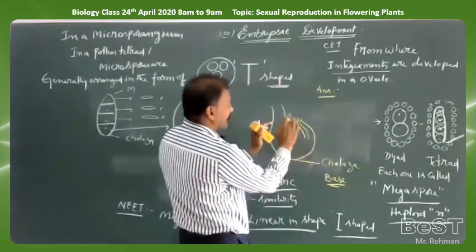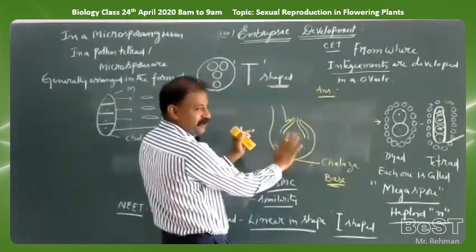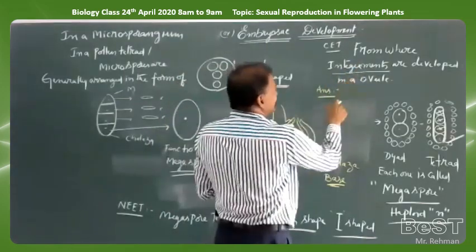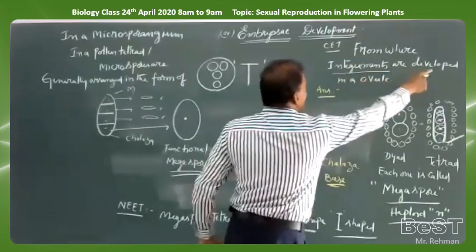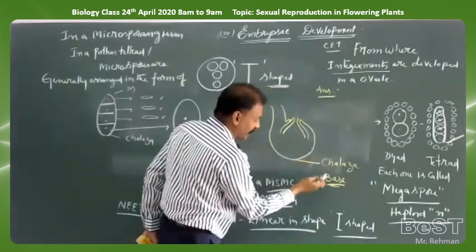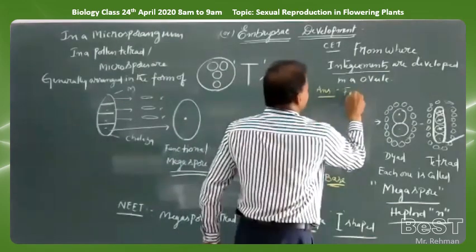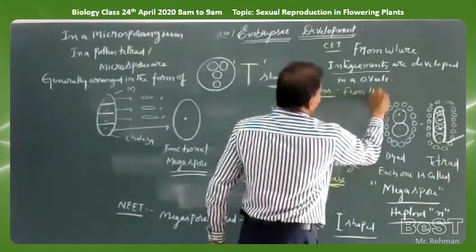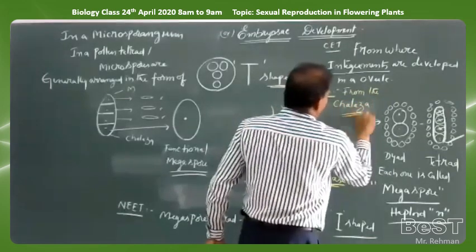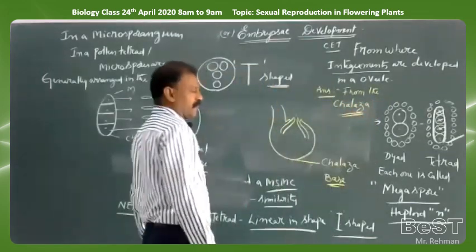And integuments do not completely surround the nucellus body. They leave an opening called micropyle. The answer for this question, from where integuments are developed in an ovule, is that integuments are developed from the chalaza or base of the ovule body.